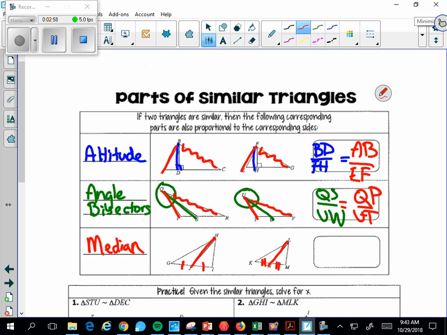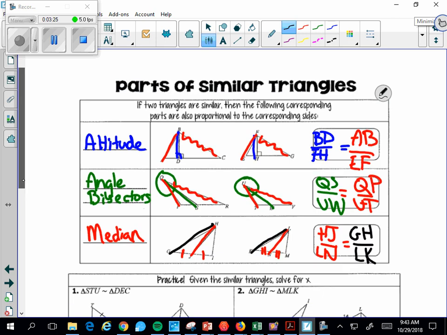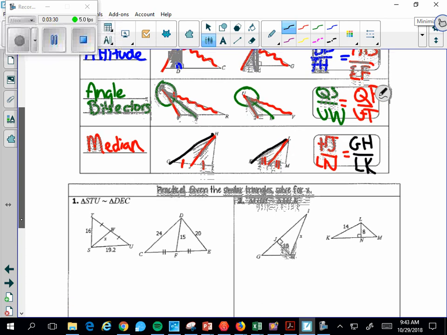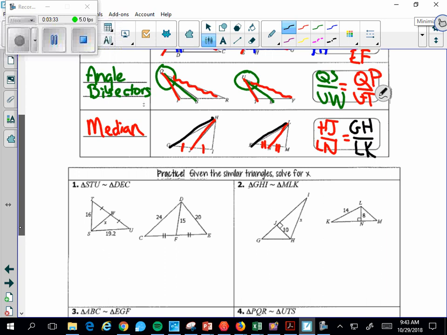Much like the other ones, I'm going to say my comparison of my medians, HJ to LN, is equal to GH to LK. Those are pretty simple to set up. I just have to keep track of what pieces are corresponding to which other pieces.